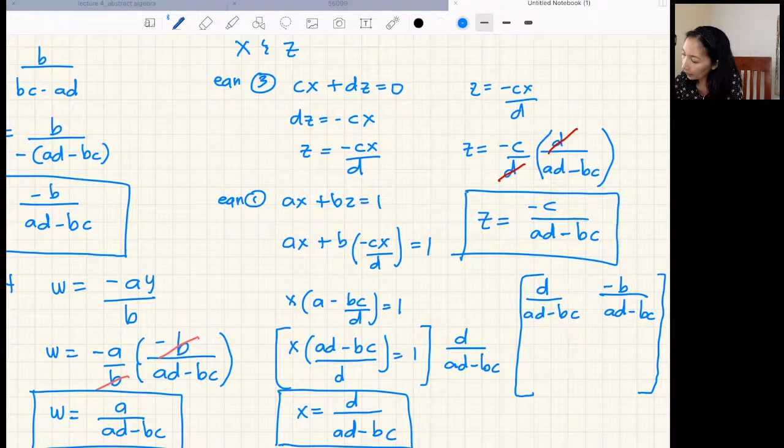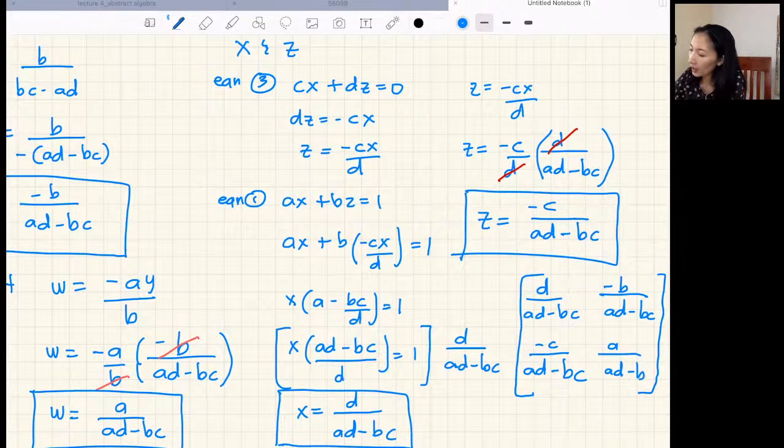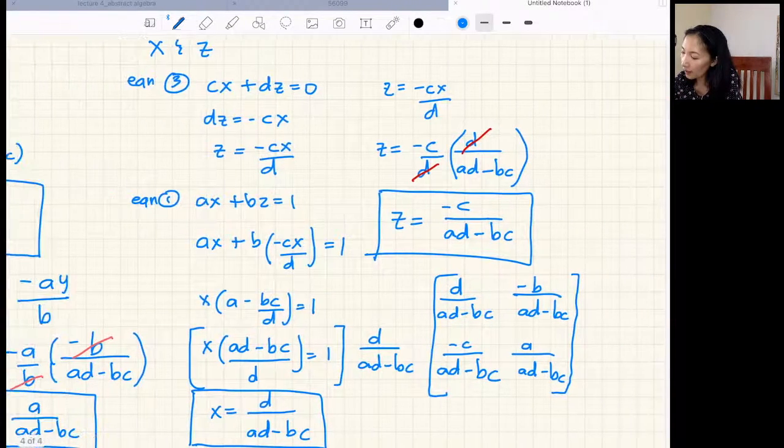Our Z is negative C over AD minus BC. And our W is A all over AD minus BC. This is the inverse matrix.